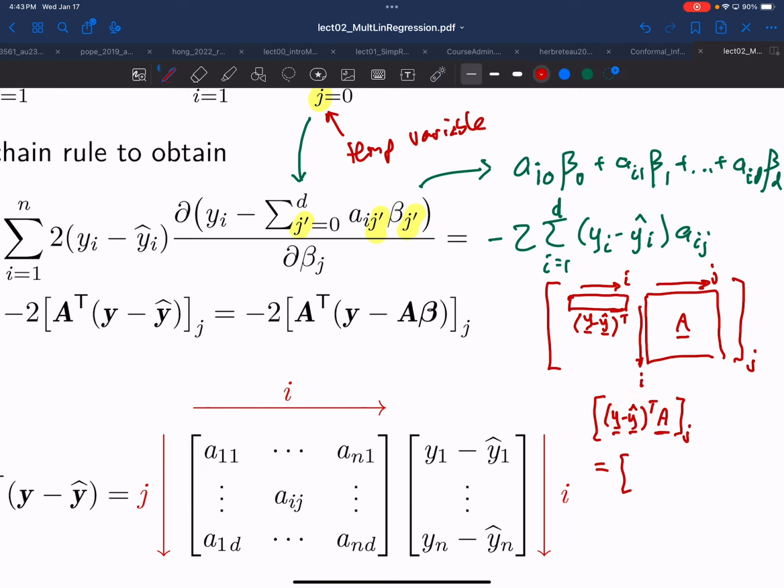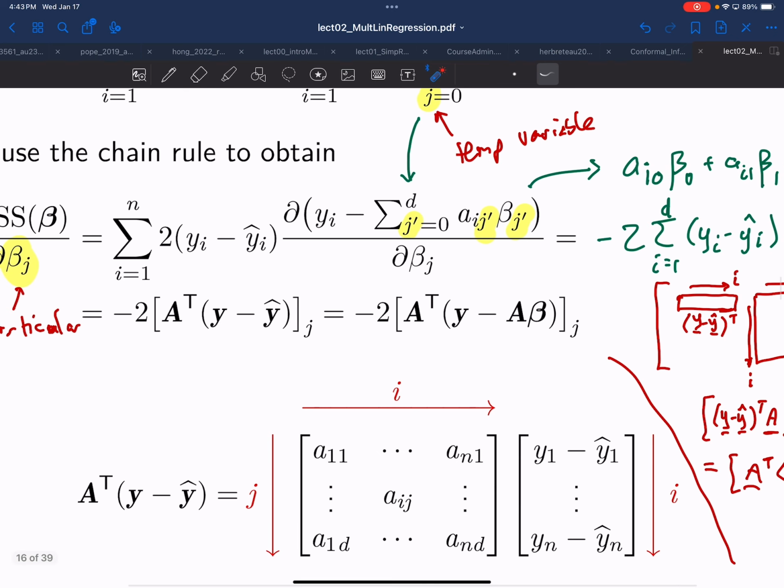So we get A transpose on the left and y minus y hat without the transpose, because transpose of a transpose is like no transpose, and we finally get this. Okay, so this is another way, just an approach to get to this point.